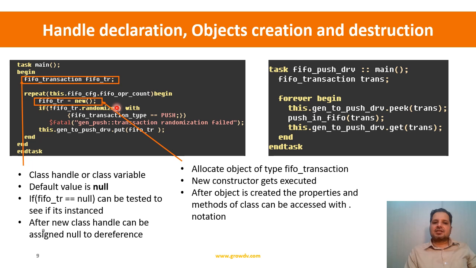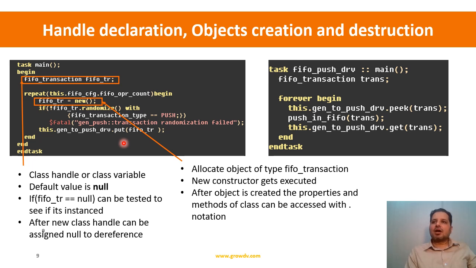And when the next put happens, right, the peek there will get unblocked, and that peek will now get a new object handle, and once it gets a new object handle, the previous one will get dereferenced, right?